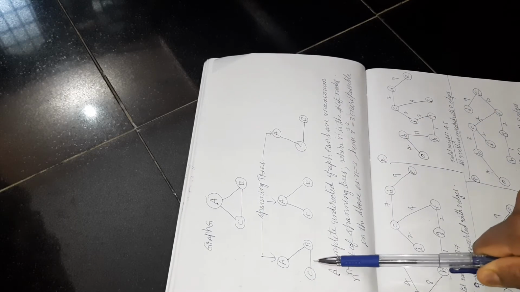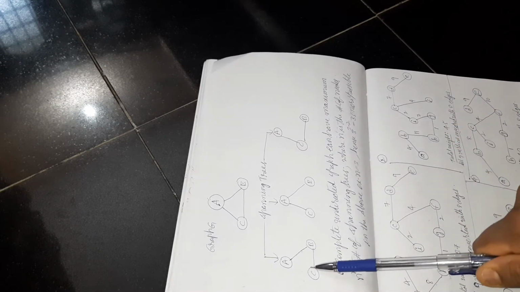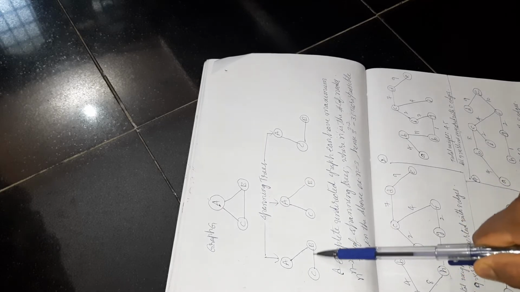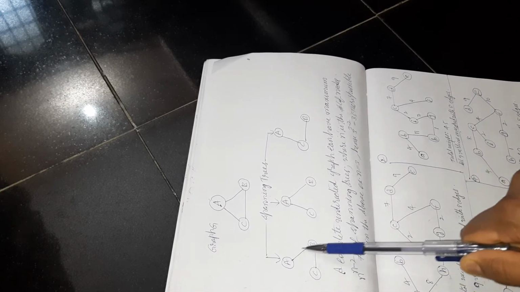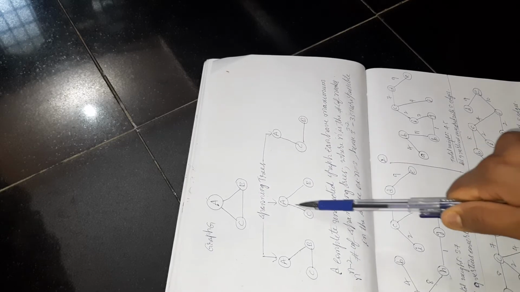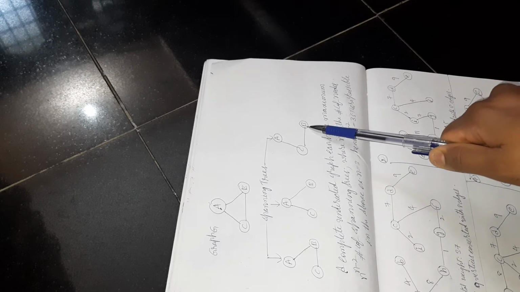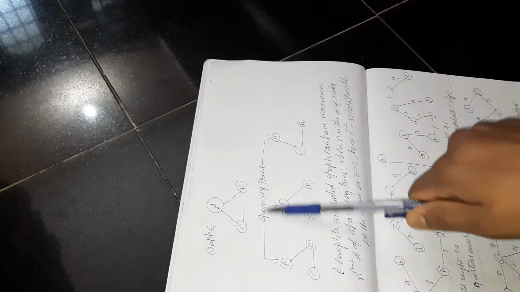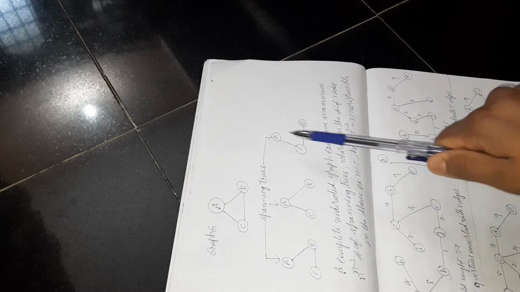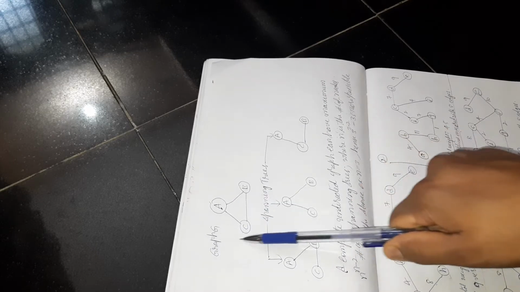We can make these spanning trees, covering the three vertices with the minimum number of edges. We can connect like this, like this, and we can make a spanning tree like this also. These are the three different spanning trees possible for this connected undirected graph. It is a complete graph also.